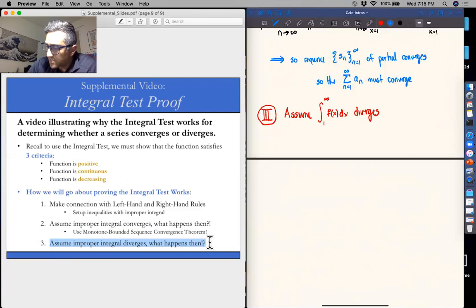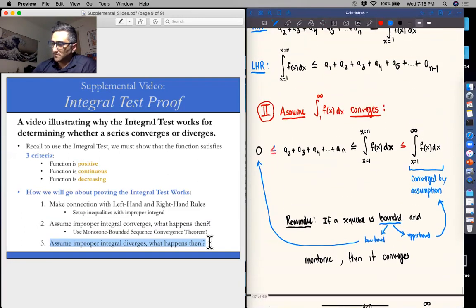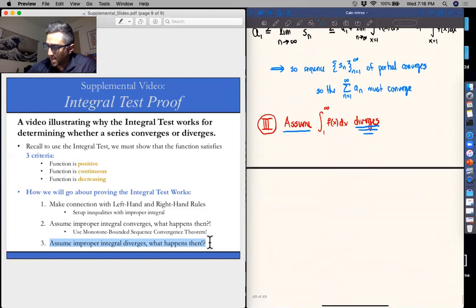And again, we want to see basically what happens as a consequence to our series in this case. So let's take a look at what we had earlier from left-hand rule. So coming back from left-hand rule, just go ahead and grab this and take it along for the ride.